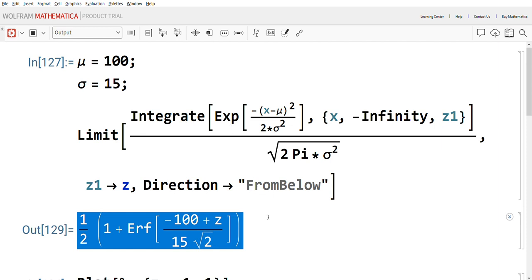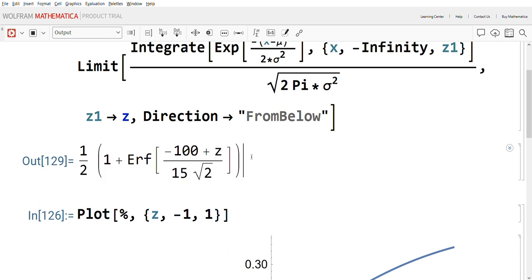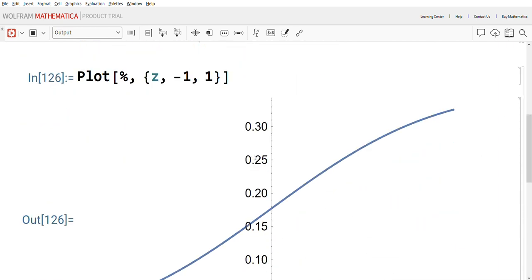And anyway, the ERF function basically is related to cumulative distribution and normal functions. I'm not quite sure how.